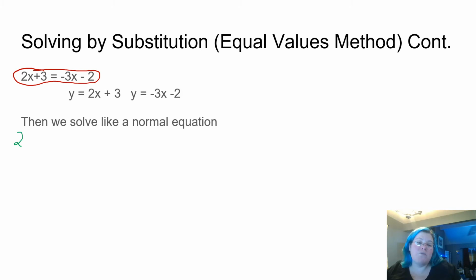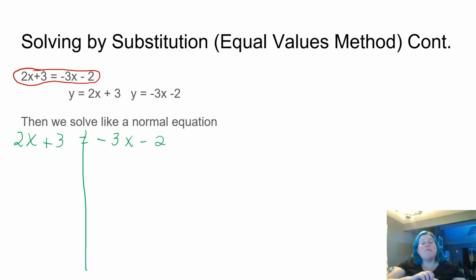So we are going to rewrite our equation, 2x plus 3 equals negative 3x minus 2, and we are going to begin to solve for x. Remember, our steps are to look for anything we can simplify on the left or simplify on the right. Then we are going to look at getting our variables together.